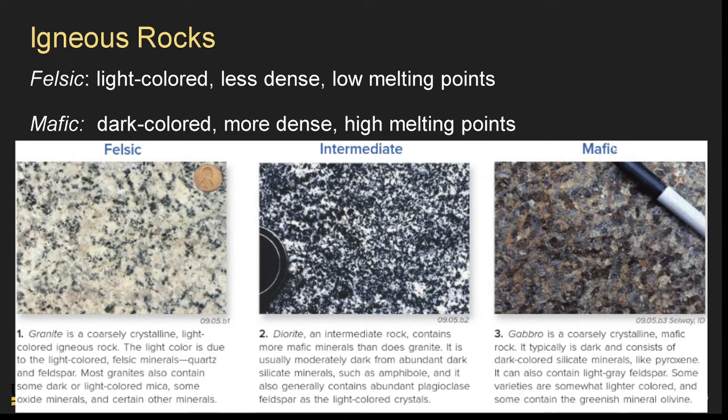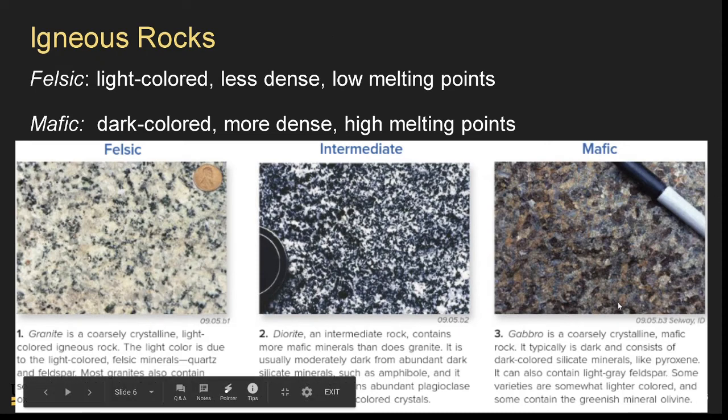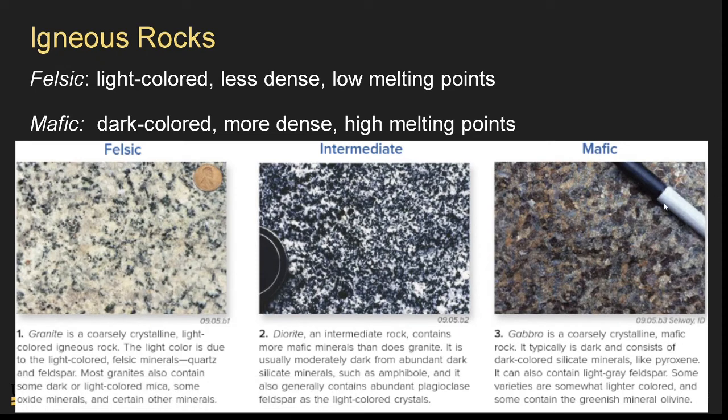as opposed to the other end, mafic, basically the opposite. They have more commonly dark colors, they're heavier, much heavier sometimes, i.e. more dense, and they have high melting points. They often contain heavier elements like iron, magnesium.